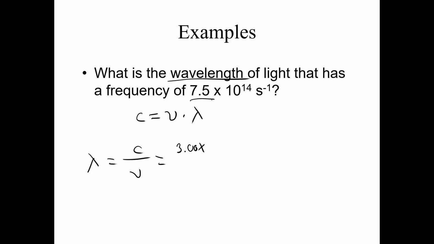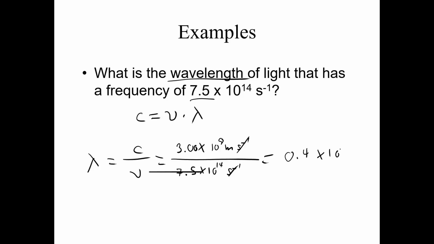We only worry about the two that are provided here in our measurement, times 10 to the 8 meters per second, divided by 7.5 times 10 to the 14 per second. Per second cancels, and the answer is in meters. And so that turns out to be 0.4 times 10 to the negative 6 meters.